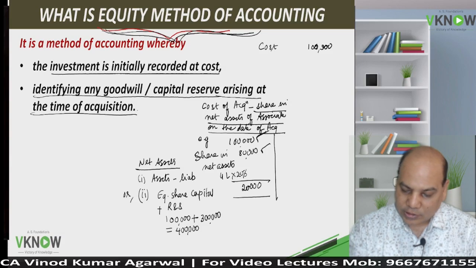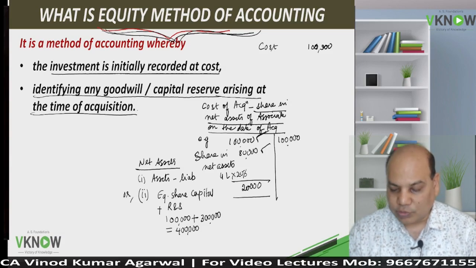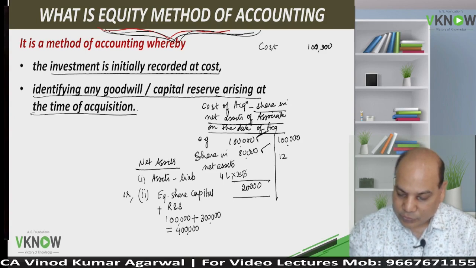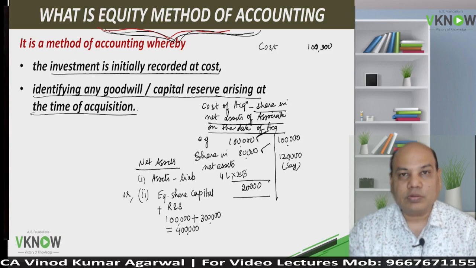Otherwise it can be like this also. Suppose the cost of acquisition is 1 lakh, and the share in the net asset is, let us say for the purpose of discussion, 1,20,000.